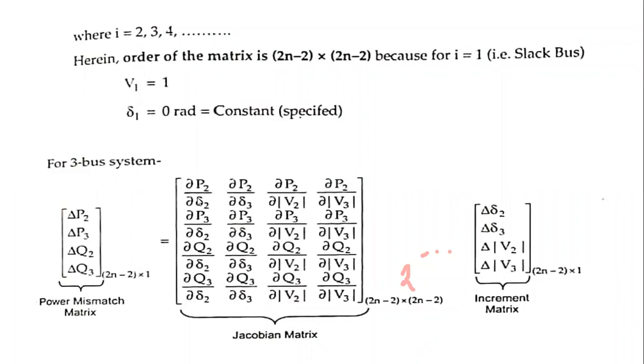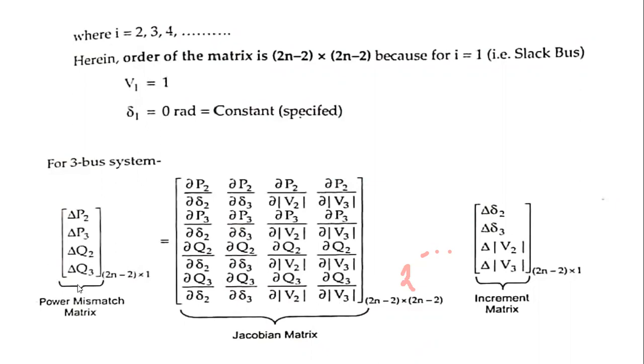Similarly, we can write the Jacobian matrix. Okay, what is the formula? Delta P, delta Q equal to the matrix with dou Pi by dou delta i and dou Pi by dou Vi, and dou Qi by dou delta i, dou Qi by dou Vi.